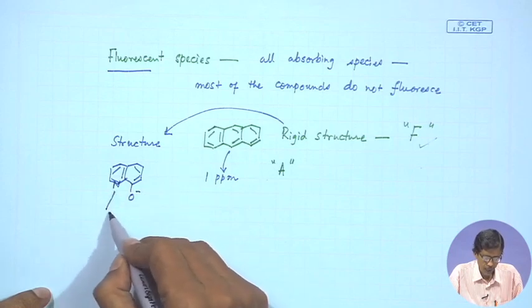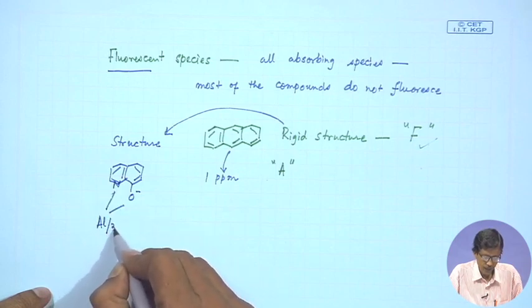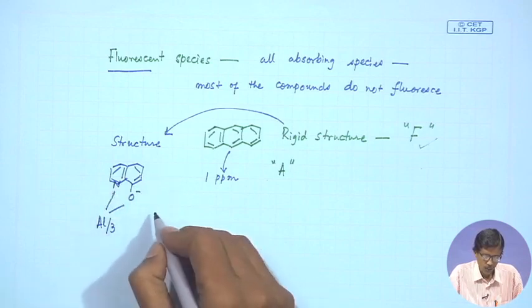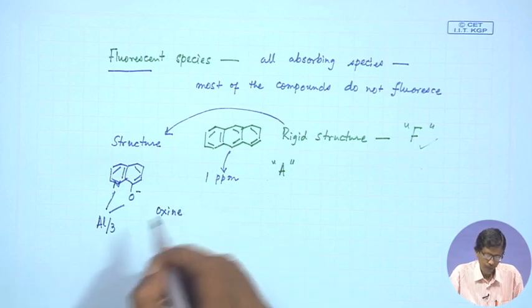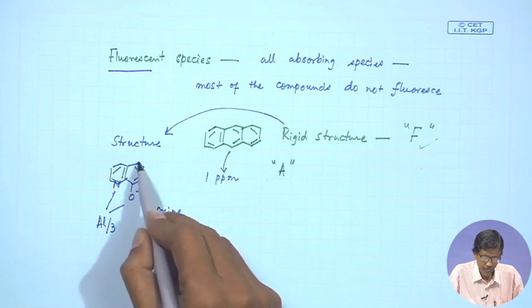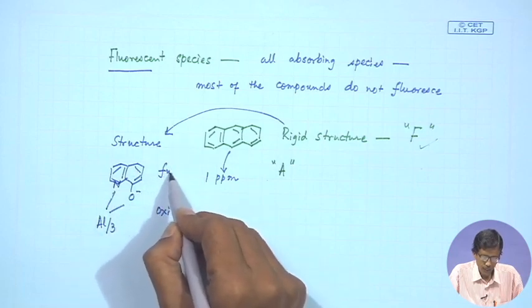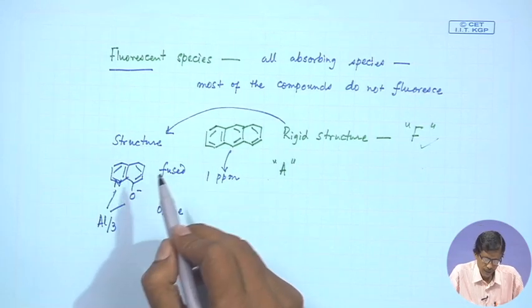So, it can bind to zinc, it can bind to aluminum 3 plus, and 3 of these ligands can be attached, giving the aluminum oxine complex. You already have 2 rings, one is the pyridine ring, another is the phenol ring, and both of them are fused together.